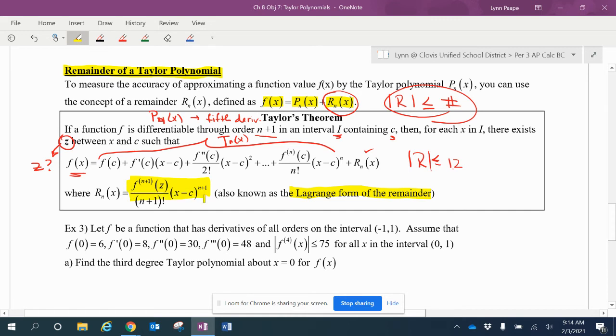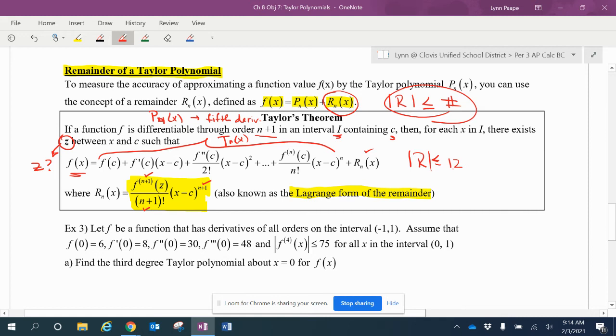So this is how we find that remainder. And this is that reminiscent piece of the alternating series remainder in that you are at n plus 1, right? n plus 1, n plus 1. Okay. So again, z is not what we're looking for. z is just going to be values that we're searching for.